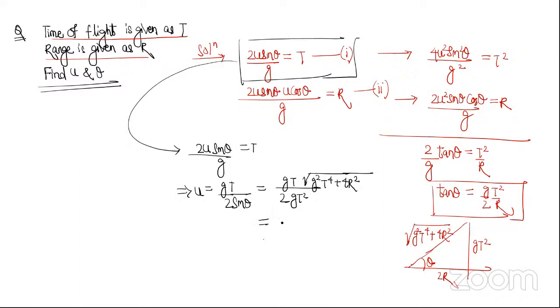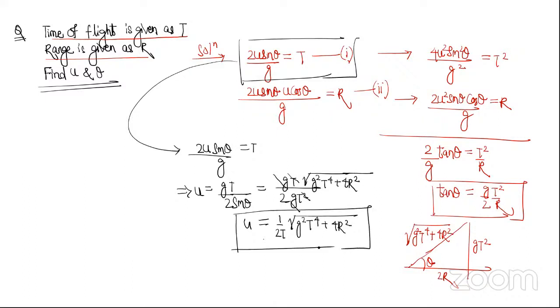So this comes out to be kitna? g gets cancelled out, t gets cancelled out. So 1 by 2t under root g square t to the power 4 plus 4r square. This is u. How many of you understood this?